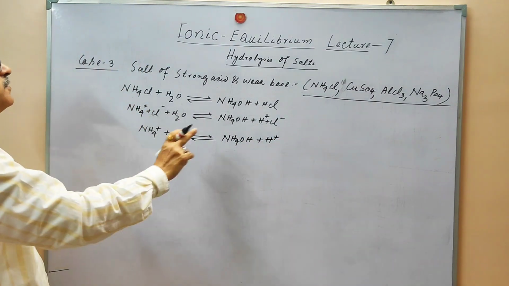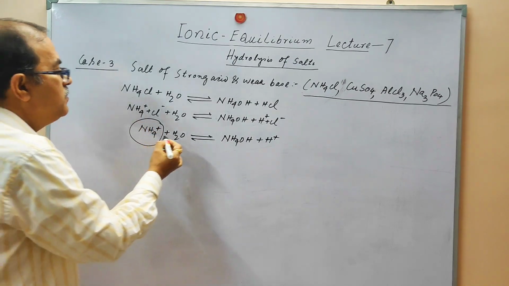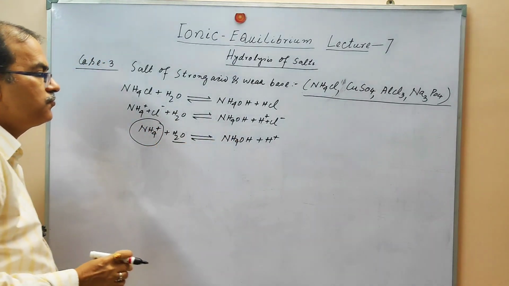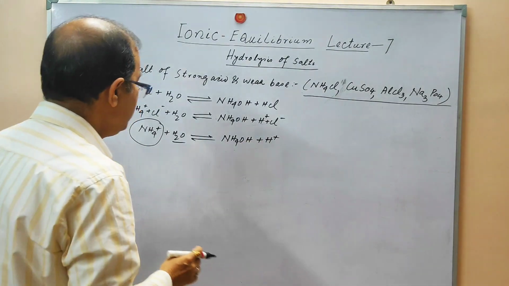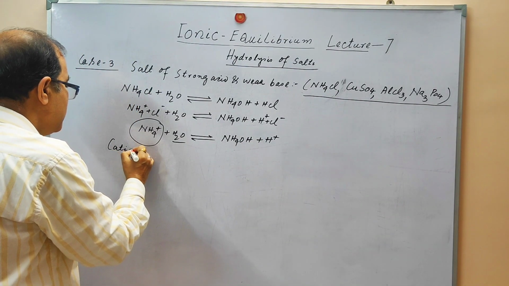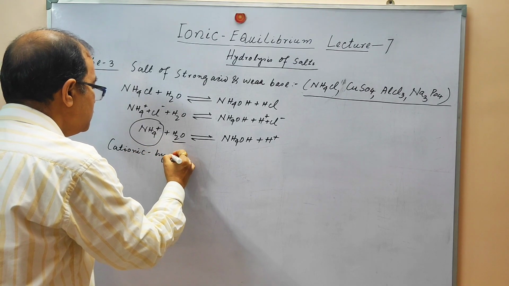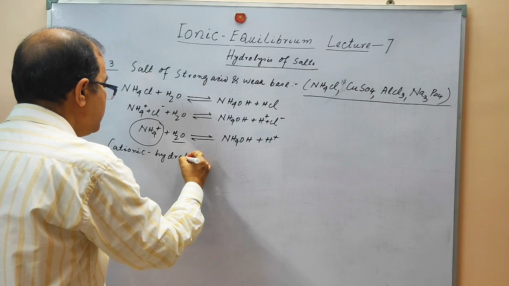So in this type of reaction you can see the cation interacts with the water and produces the strong acid and the weak base, and it is called cationic hydrolysis.